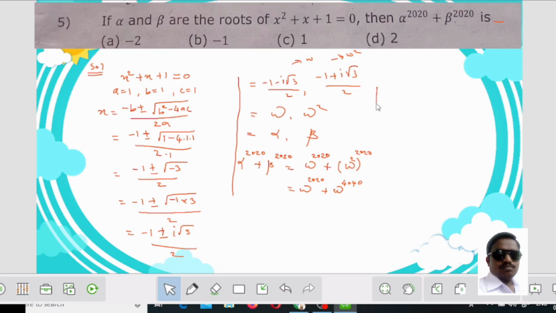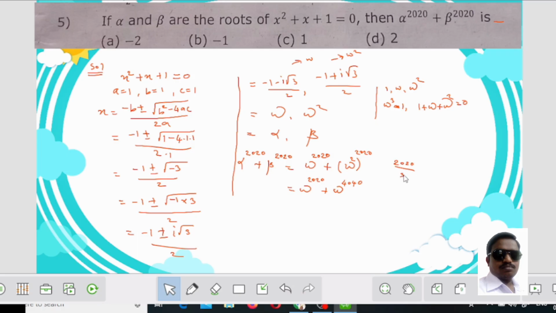We know well, if 1, omega, omega square are cube roots of unity, then omega cube equal to 1. This is a property. And another property, 1 plus omega plus omega square equal to 0. These two things are given in your textbook. So to find omega power 2020, you just divide 2020 by 3.